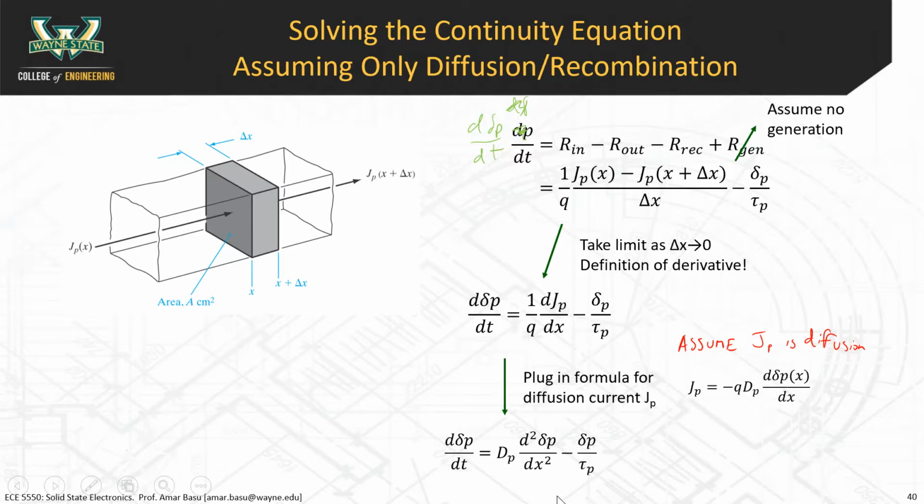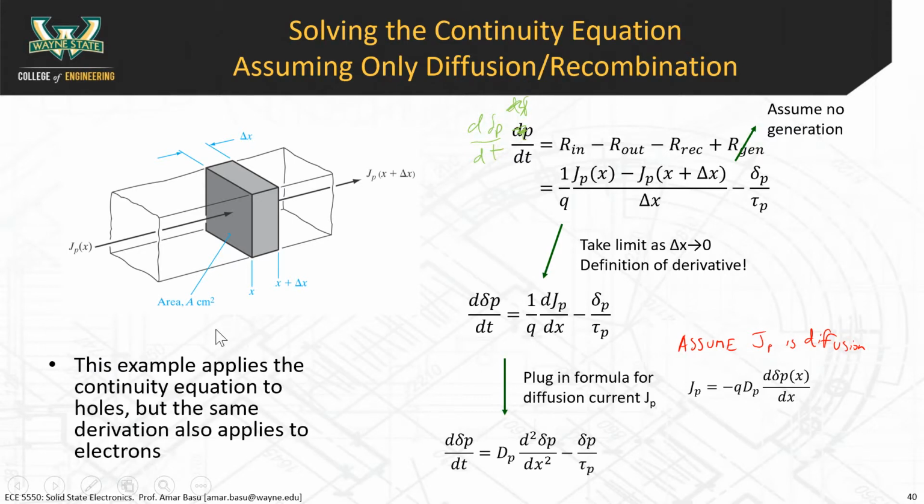The assumptions that we made here: there's no light being shined on the material, so there's no generation, and there's no voltage being applied, so there's no drift current, only diffusion current. Under those assumptions, we come up with this equation. So this example is the continuity equation being applied to holes. The same derivation applies to electrons, almost the exact same thing.